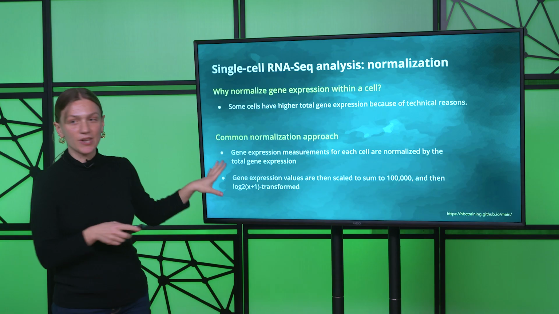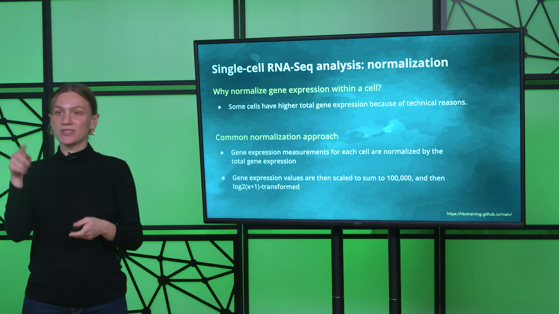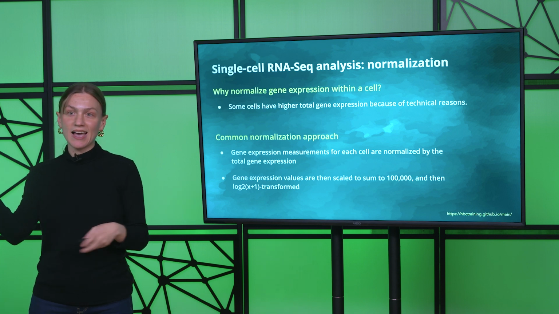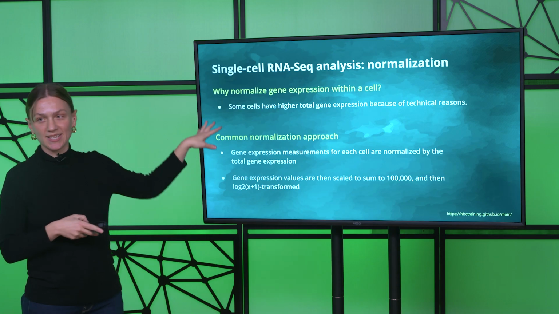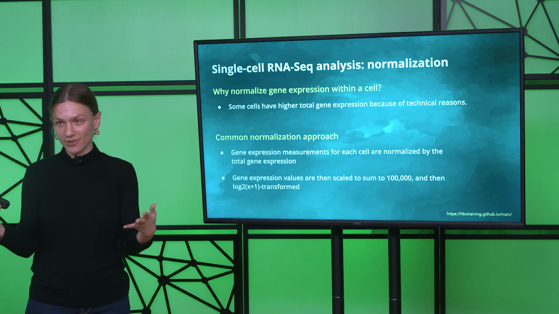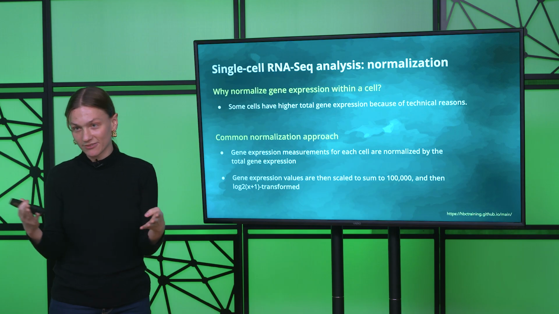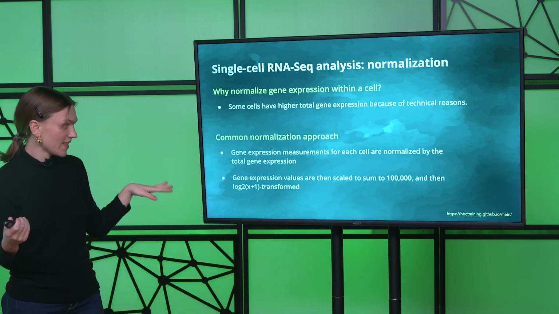Then there is also a second issue that we have to deal with, which is that the total number of RNAs that we count in individual cells might be different from cell to cell. In other words, some cells might have higher overall gene expression, but this is just because of technical reasons, and so we'd like to normalize for that.